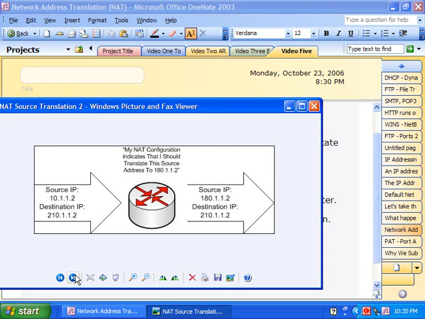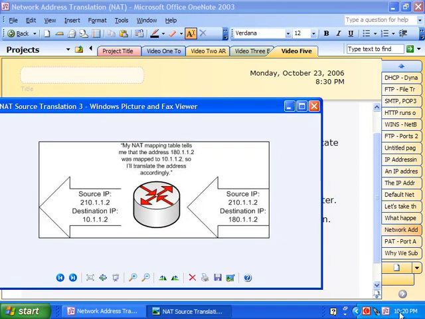And it's going to say, okay, I mapped or translated the address 10.1.1.2 to the address 180.1.1.2. And then when packets come back in destined for that private host, then that mapping table will come into play. Because what's going to happen is now the website is going to respond with packets.